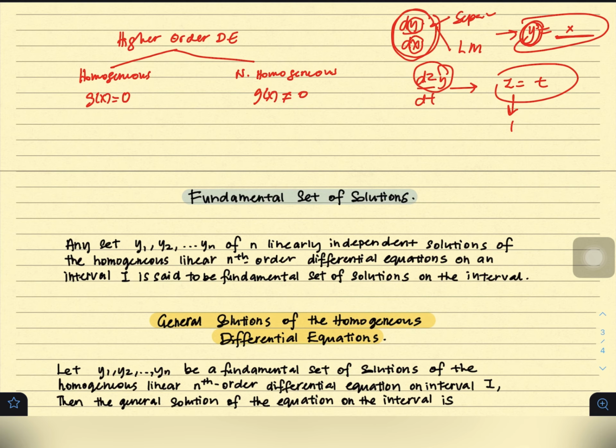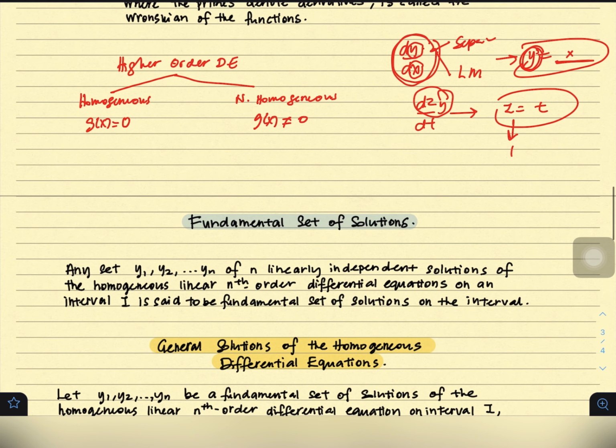Okay, and we also learned in the previous video that there are 2 types of solution of homogeneous differential equation. Now we are focusing on homogeneous. For the solution of a homogeneous differential equation, the solution is either linearly dependent or linearly independent. Why do we have linearly dependent or linearly independent?